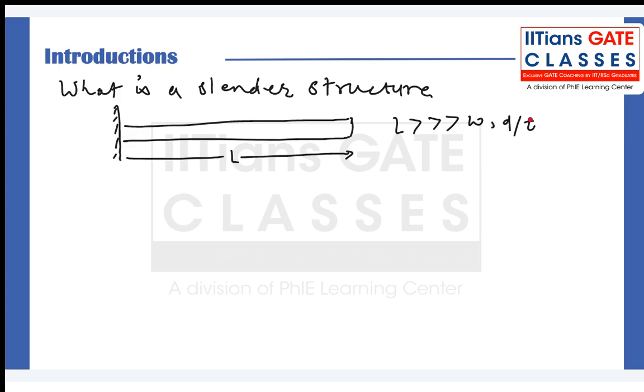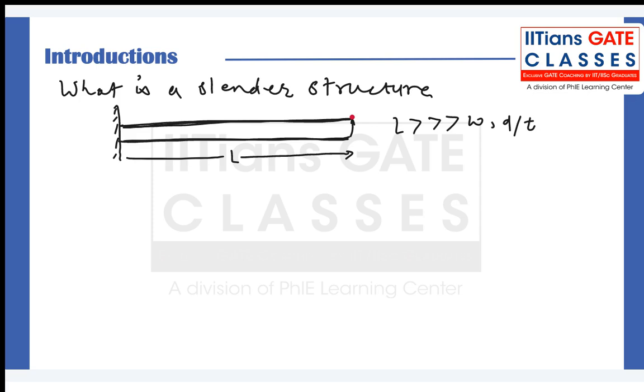What is a prismatic structure? If the cross section remains the same along the entire length, the cross section is the same throughout the length, or uniform cross section throughout the length, then the structure is prismatic.